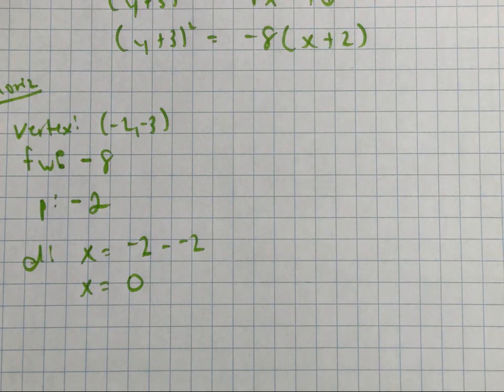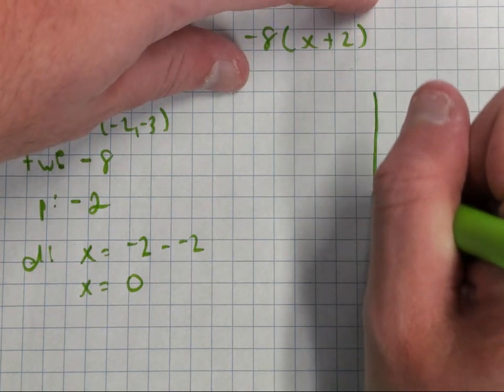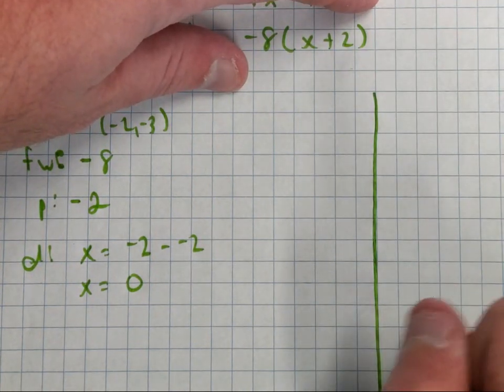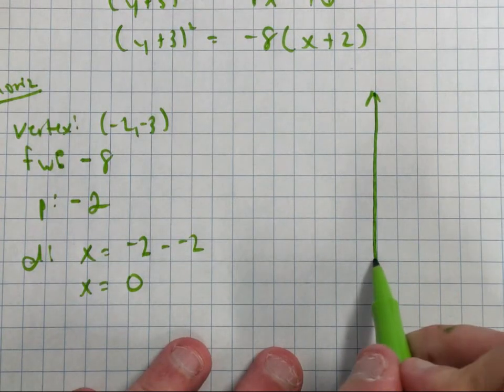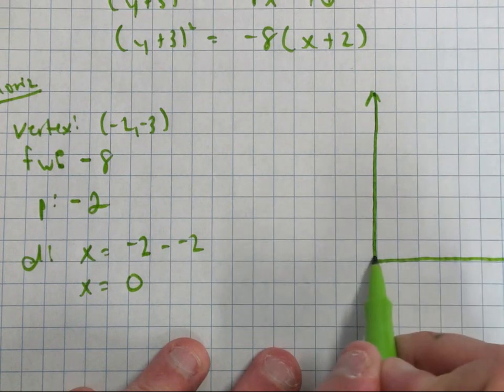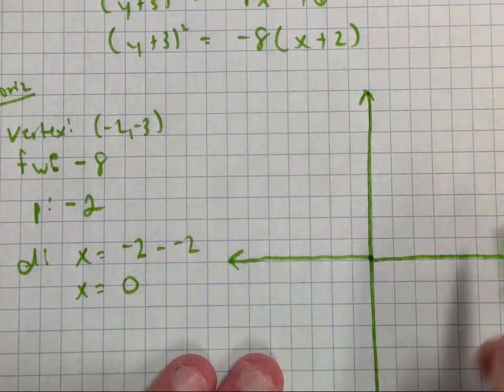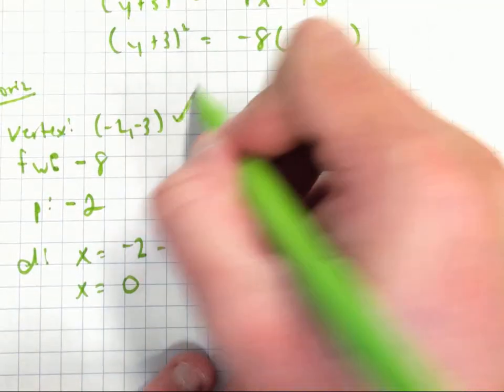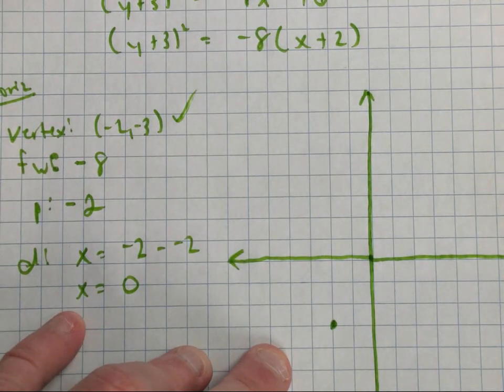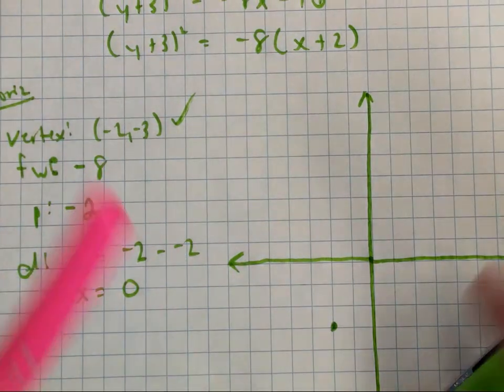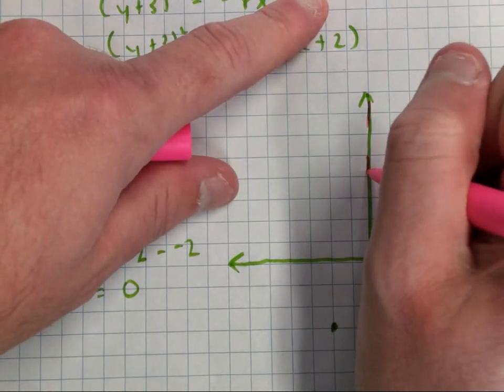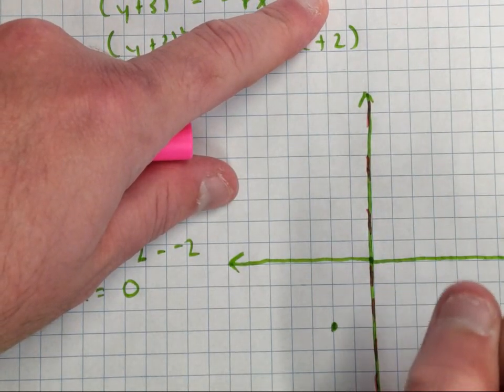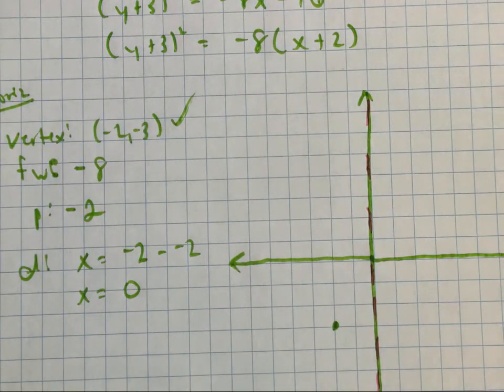Now we're ready to graph. -2, -3. Check. My directrix is x equals 0, so that means it's a vertical line going through the origin.